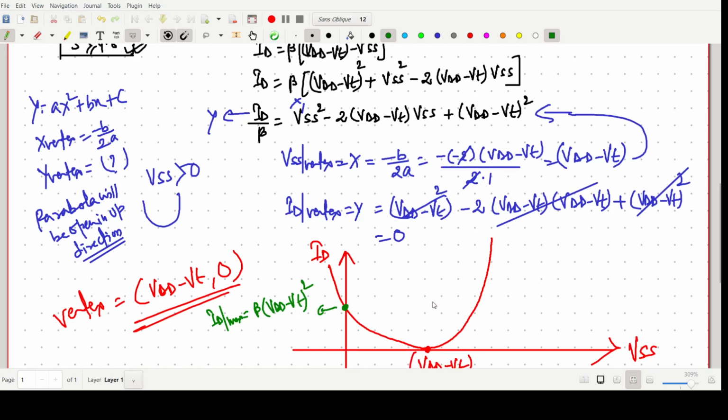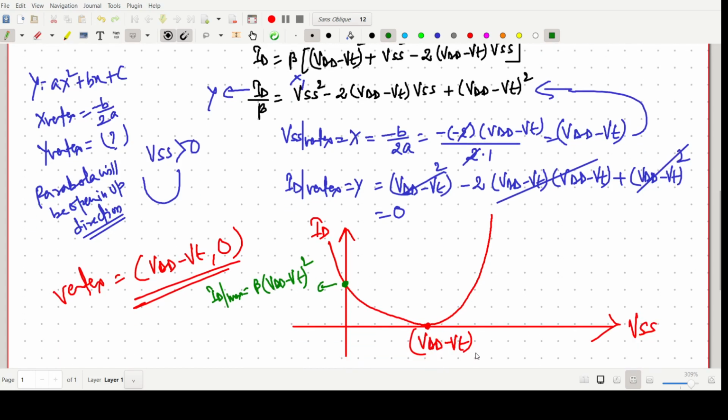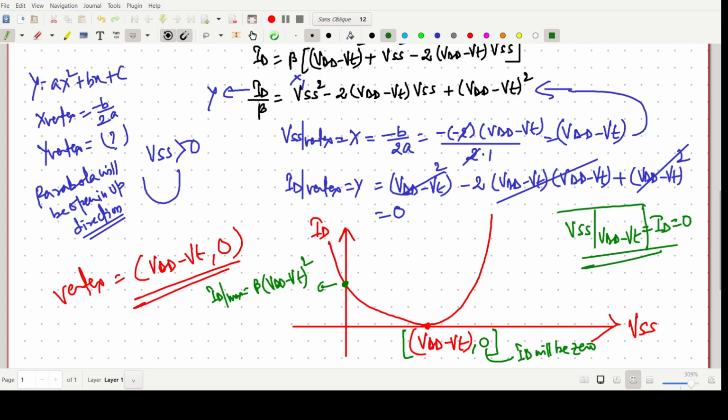And at VSS equal to VDD minus VT, the ID value will be 0.